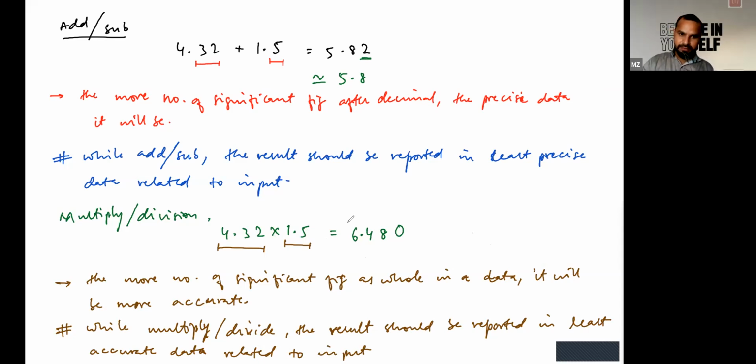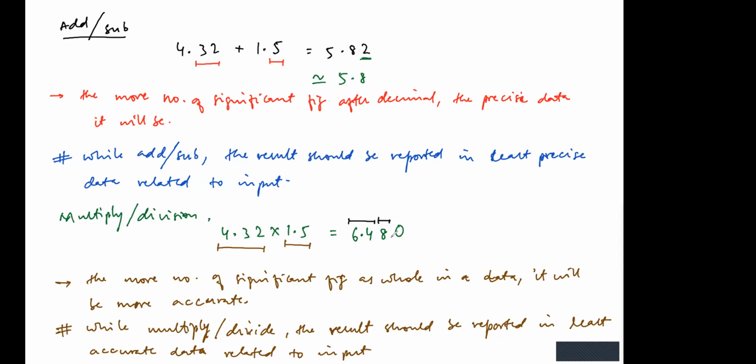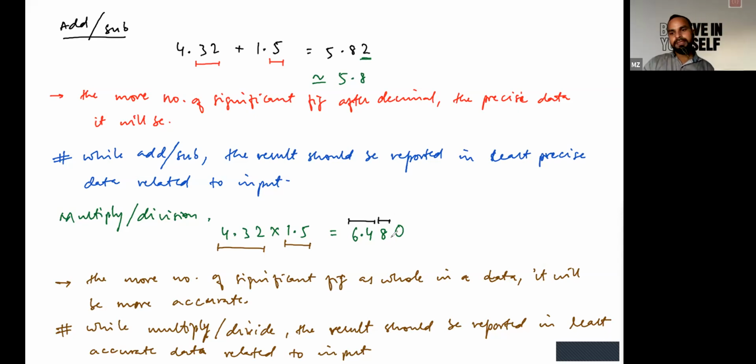So now we have 6.48. We have to round off this number to get just two significant figures. So what will be your final answer? So it's 6.5. Ellen? 6.5.